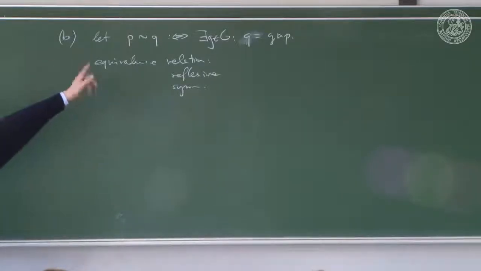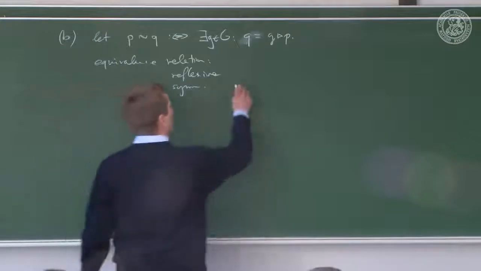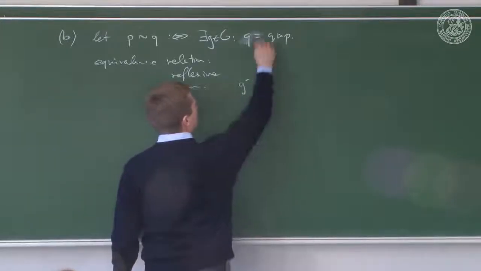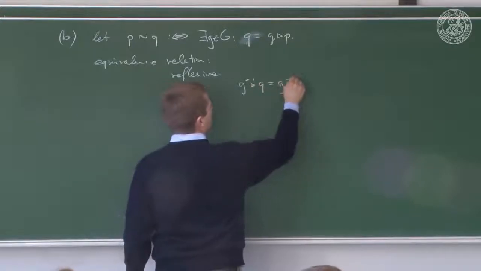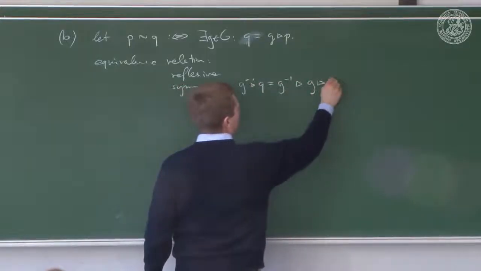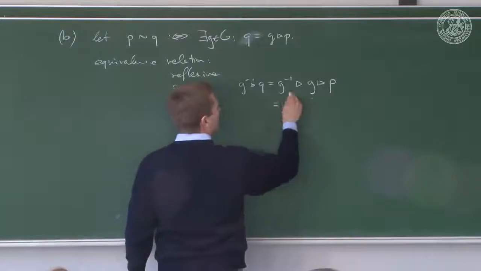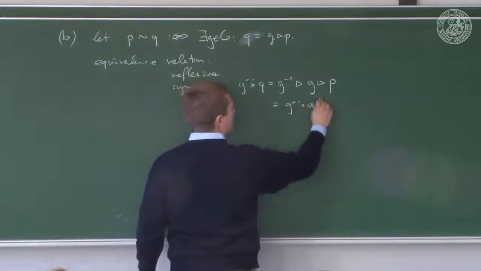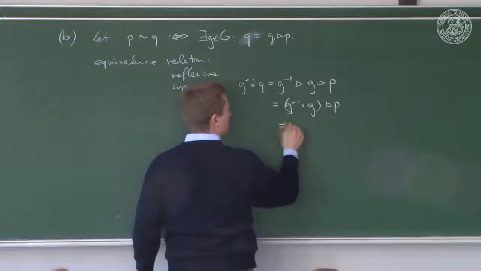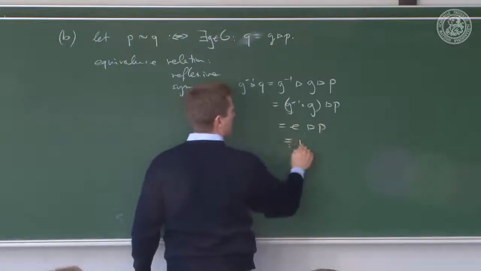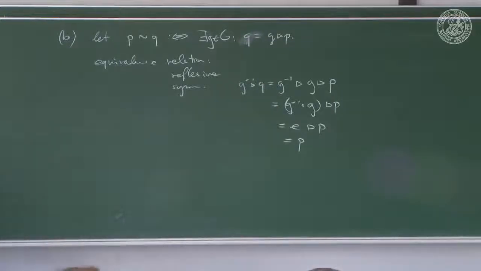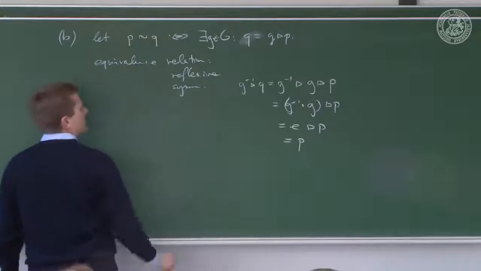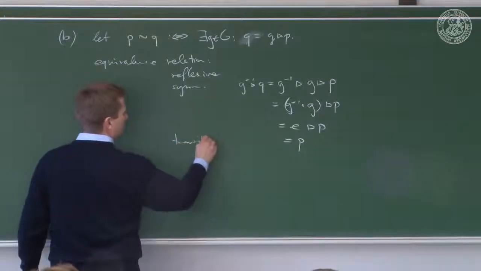If Q equals g acting on P, then g inverse acting on Q is g inverse acting on g acting on P. But this is g inverse times g acting on P. That's the identity acting on P. That's P. So you can write this the other way around, and the inverse always exists. So there is such a group element, in that case the inverse, and you can also check that it's transitive.